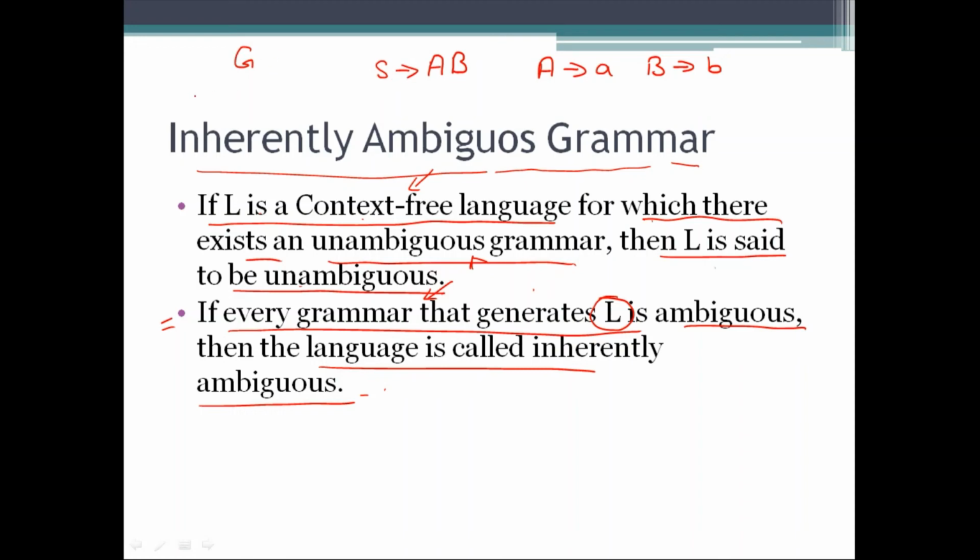Take the 4-tuple, and we get small ab. Very good. So LG is the set containing ab. Fine.